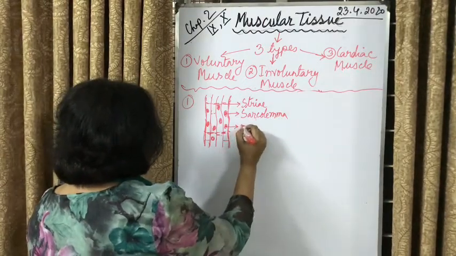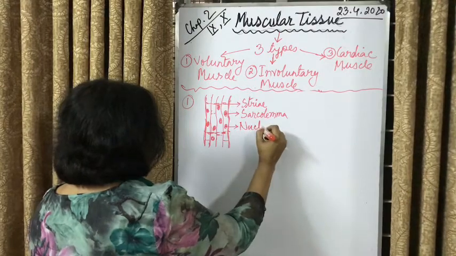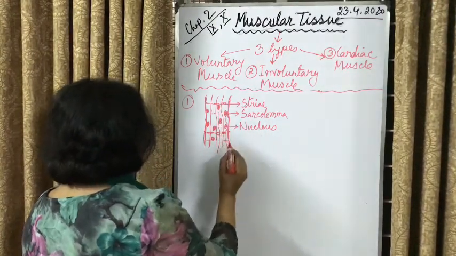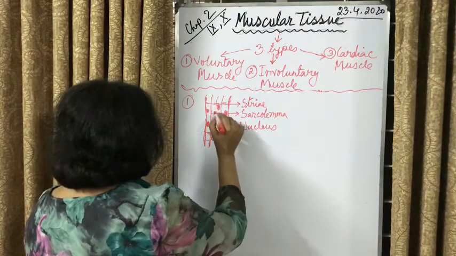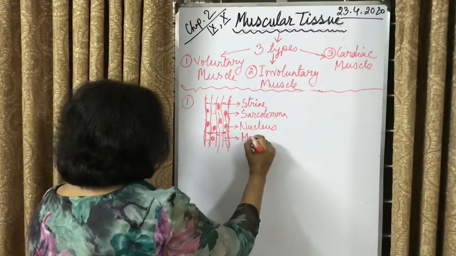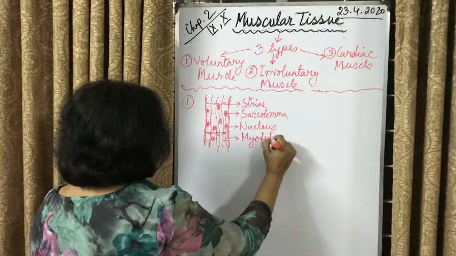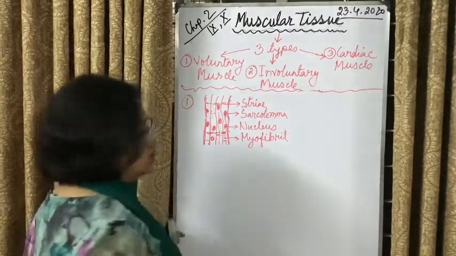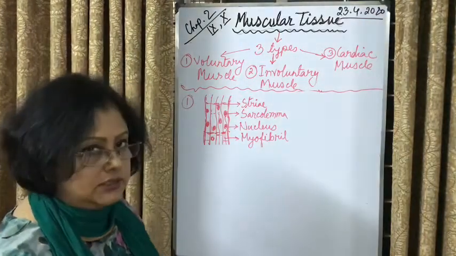And this is the nucleus, and this is the fiber-like structure present between them, myofibril. And this is the basic structure of voluntary muscle.